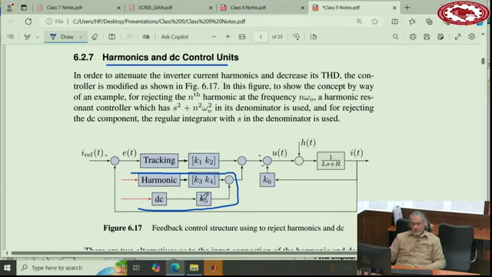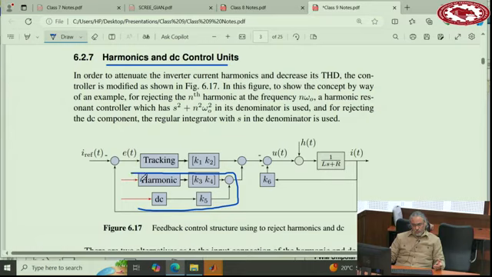If I want to make sure that the output current of the converter absolutely has no DC, and absolutely has no harmonic 5, for instance, I put one resonant controller at harmonic 5 here, and I put one integrator here. So this gives me one state variable, so I need one parameter, one gain, and this gives me two new state variables, K3 and K4.